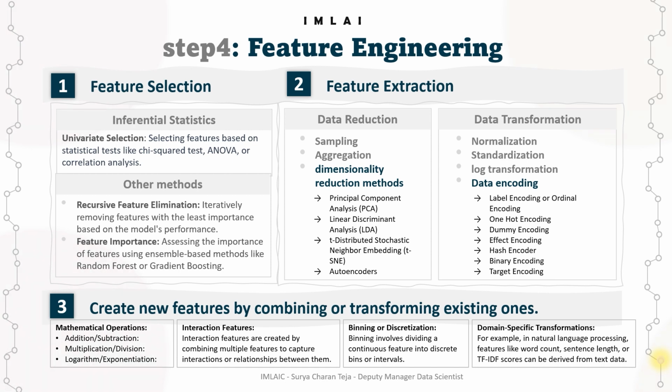For example, in natural language processing, features like word count, sentence length, or TF-IDF scores can be derived from text data. Those are domain specific and applicable to NLP. So it's important to carefully consider the domain knowledge, explore the data, and experiment with different feature creation techniques to determine which ones are most effective for improving the model's performance.